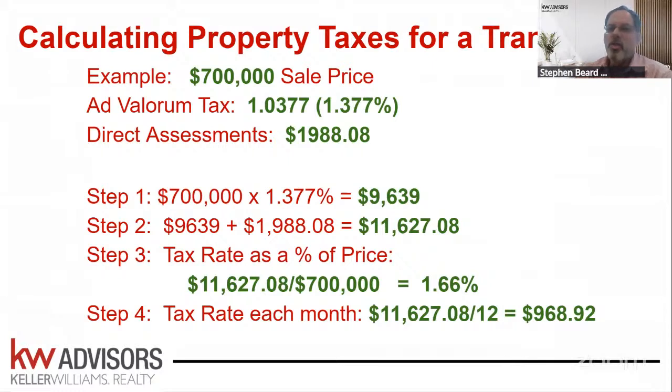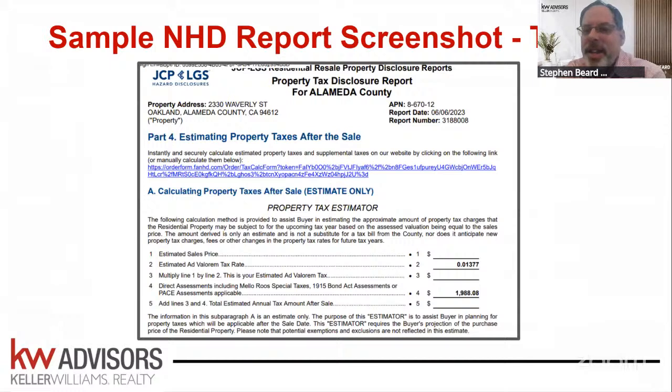But it's interesting that when they talked about Prop 13, they weren't talking about high percentages like this. Assessed tax is in terms of an absolute figure. That's right. It's an absolute figure every year. And we know from our property research that it was $1,988.08 for this property at this time. So it doesn't matter what the square footage is.